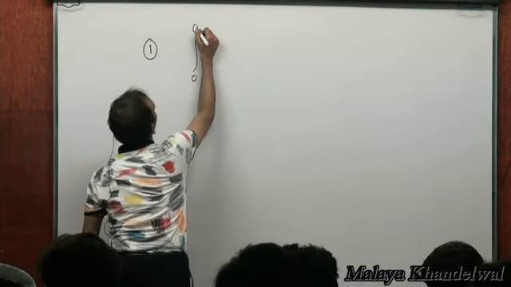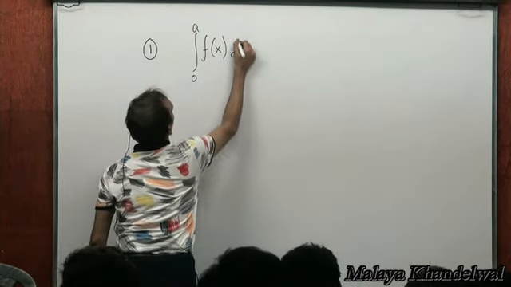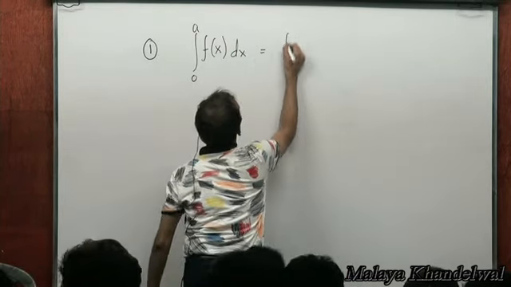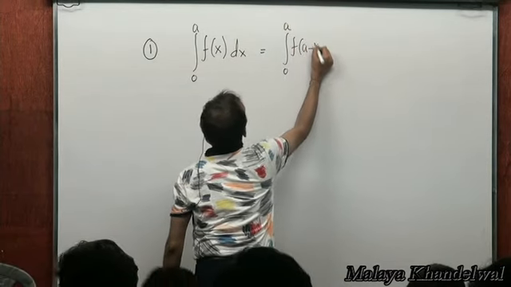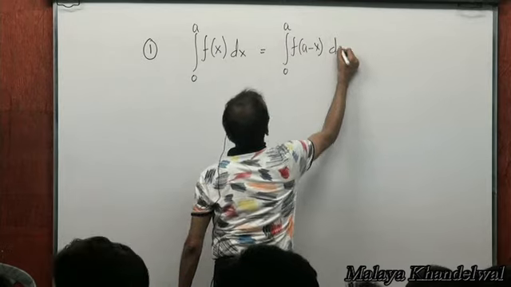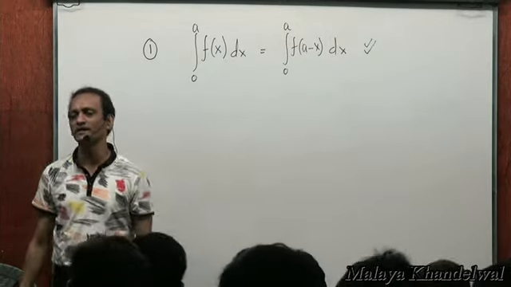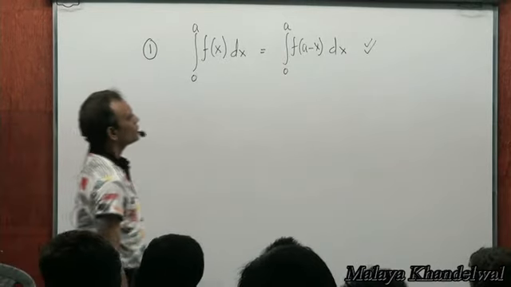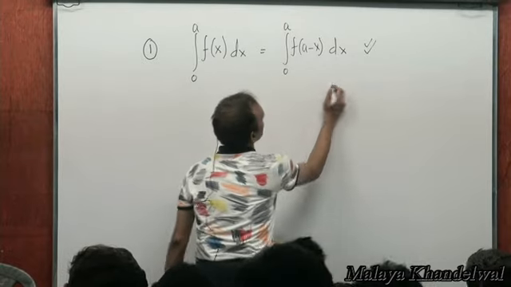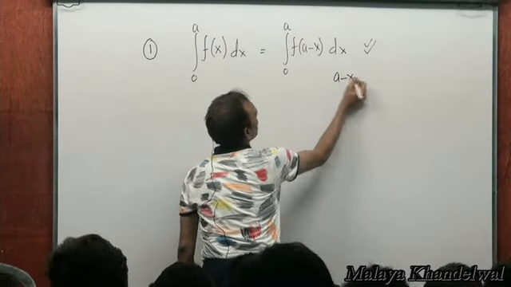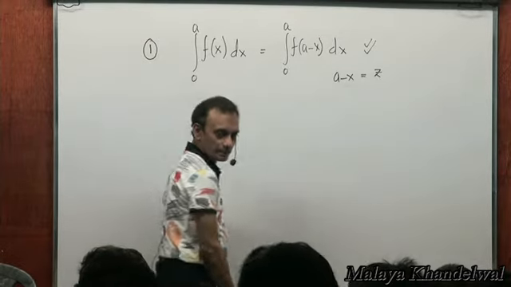Integral 0 to a f(x) dx is integral 0 to a f(a minus x) dx. This, in my opinion, is the most commonly used property in definite integrals. Now, the way to establish this property, start from the right hand side, take a minus x as some z, for example, right?